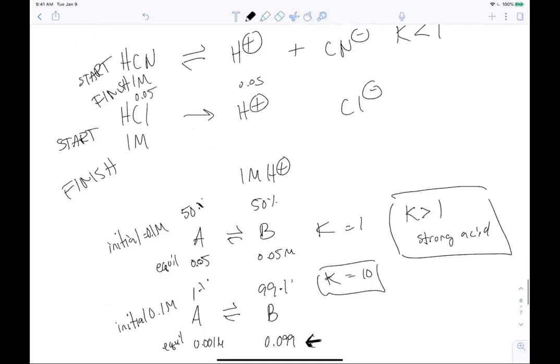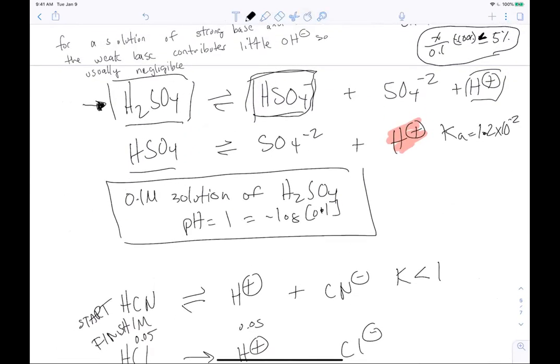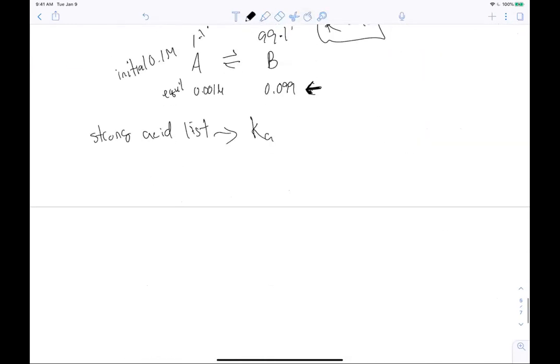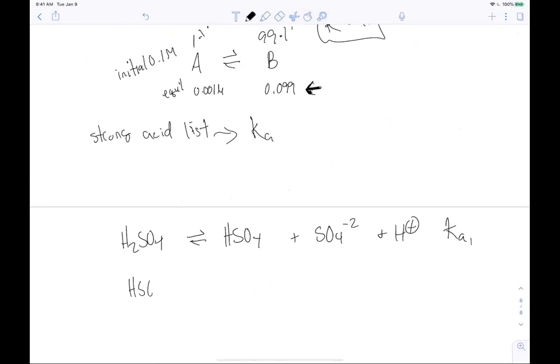Oh, if you're comparing across, let's say you're looking at Ka1 and Ka2.